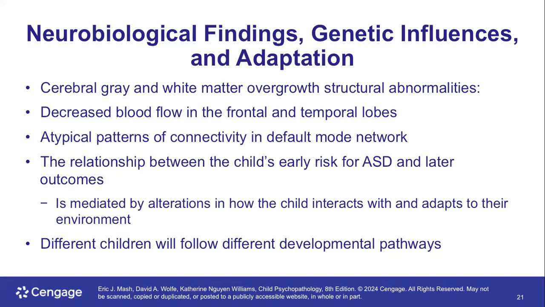So early risk for autism spectrum disorder leads to other challenges in later development. So we have to be mindful that autism spectrum disorder is going to alter how the child adapts to their environment.